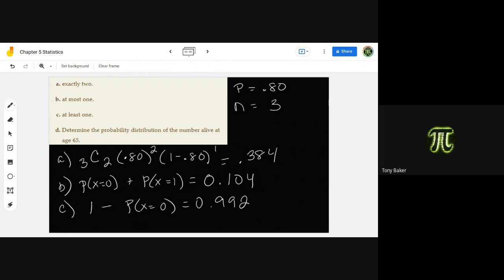So if you're 20 and I have 3 of you, and I'm going through and doing life insurance calculations, I know that I've got a 99.2% chance that at least one of you is going to be alive at the end.